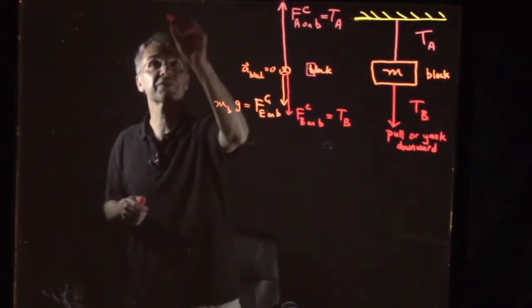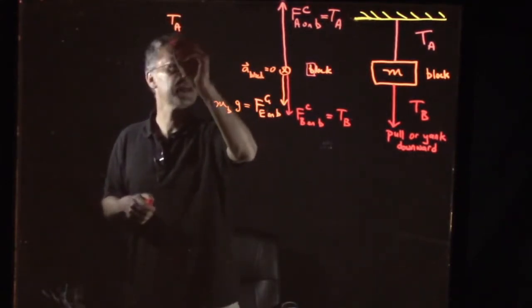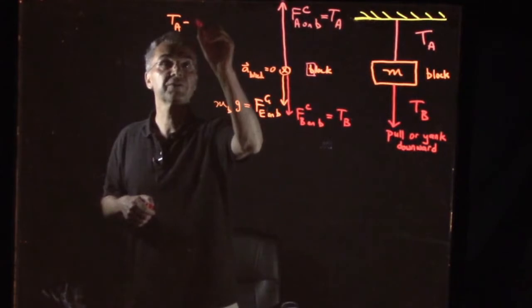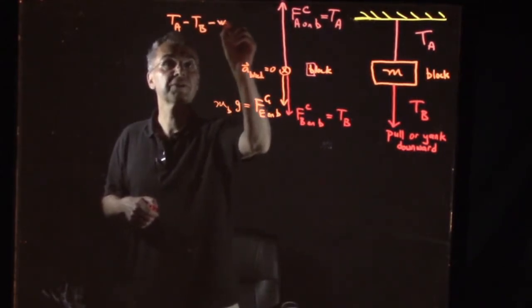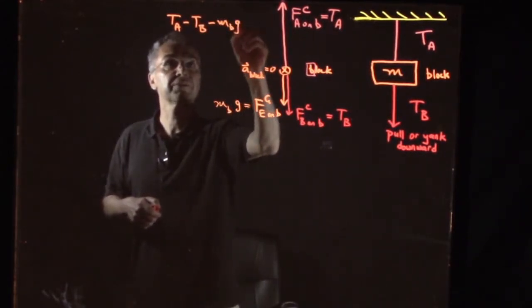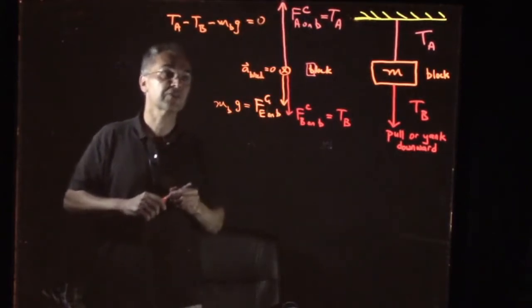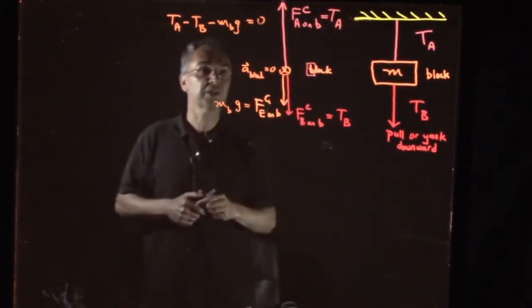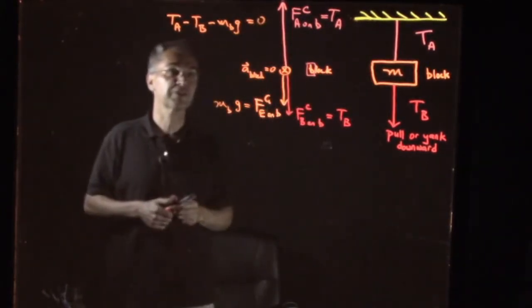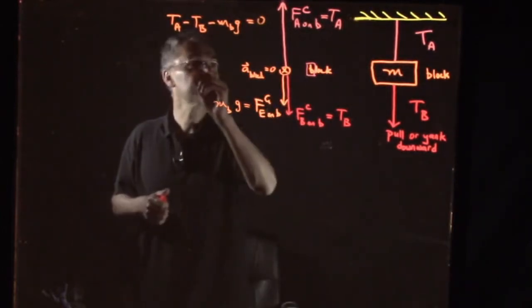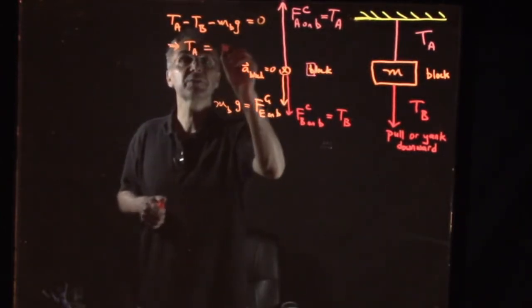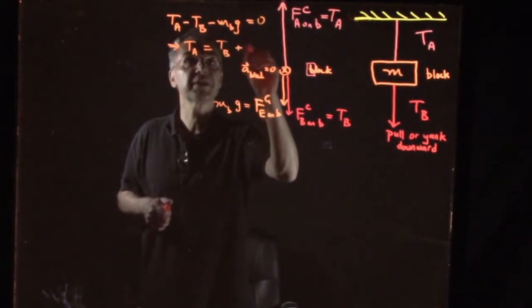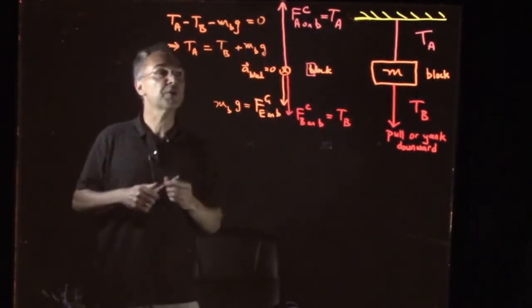That tells us that the tension in string A minus the tension in string B minus m of the block times g equals 0. That's just the sum of all the forces up minus down. It's 0 because we're saying the acceleration of the block is 0. So that tells you that TA equals TB plus the weight of the block. So TA is always bigger than TB.